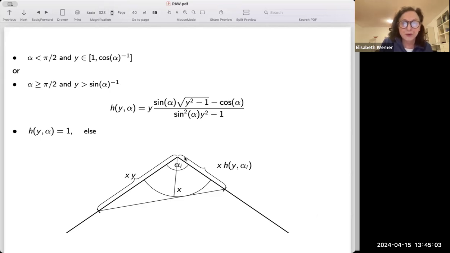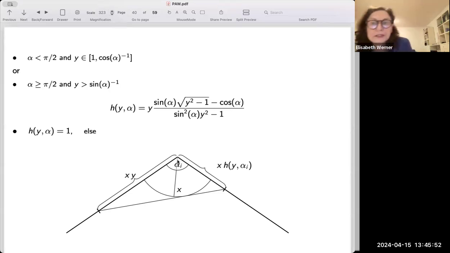Okay, so if we start our tangent line on one edge at distance x times y from the vertex VI, so on this edge here, we are at distance xy from the vertex VI, we draw the tangent line to the circle, then this tangent line intersects the other edge at distance x times h, exactly this function h of y, alpha I. So this is now the distance from the vertex VI on the other edge.